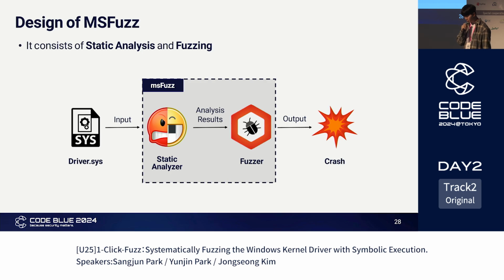In order to accomplish this, we use a static analyzer that takes a driver file as input, and we analyze the kernel driver with symbolic execution. We use the analysis information in the fuzzing stage to generate random IRPs. Finally, we made it easier to quickly identify the context of crashes when they happen.